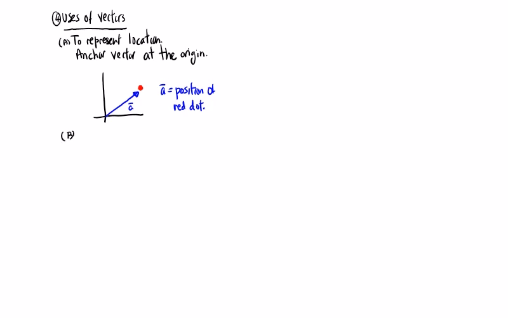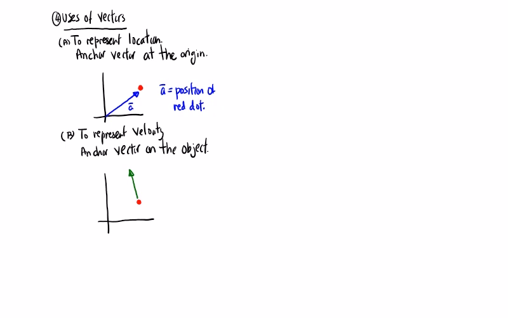Now, the other place we can use it is to represent velocity. In that case, we will anchor the vector on the object. So for example, back to our red dot up here, same location, let's say it's going in a certain direction, up and to the left.